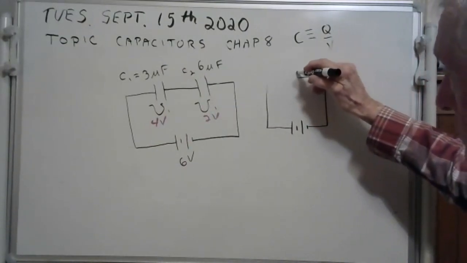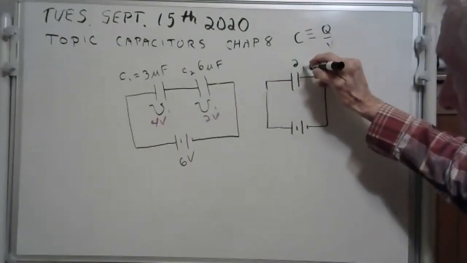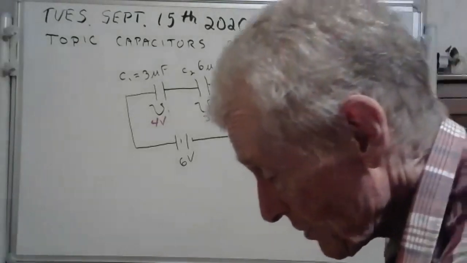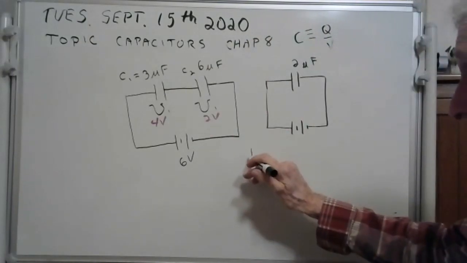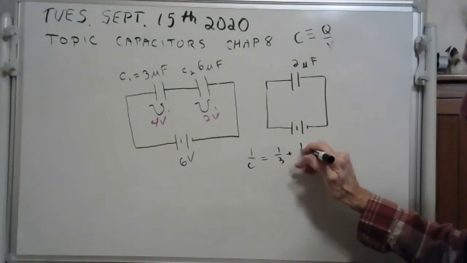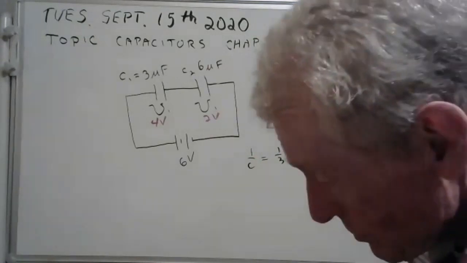Where you can replace this with a 2 microfarad capacitor. And how did you get that? By taking 1/3 plus 1/6, and you'll get a 2 there when you solve that.